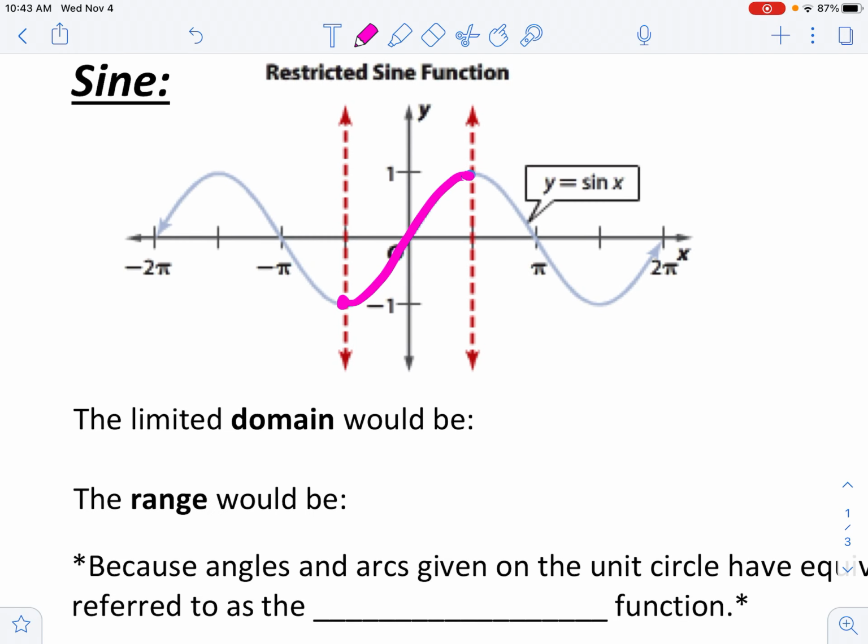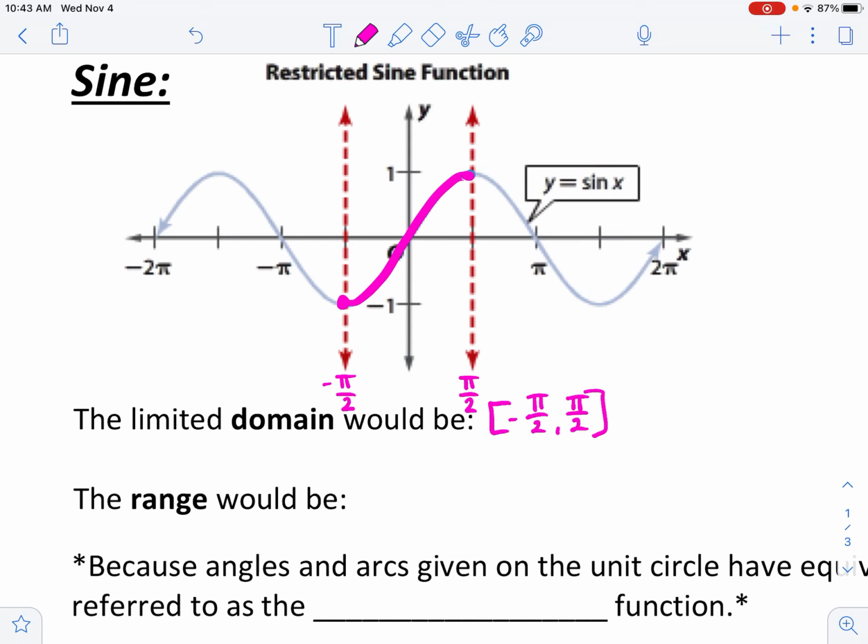Okay, so it's from here to here. We're using this piece right here. If you look at the limited domain, this is negative pi over 2 because it's halfway in between negative pi and 0. And this is pi over 2 because it's halfway in between 0 and pi. The domain would be all values in between negative pi over 2 and positive pi over 2.